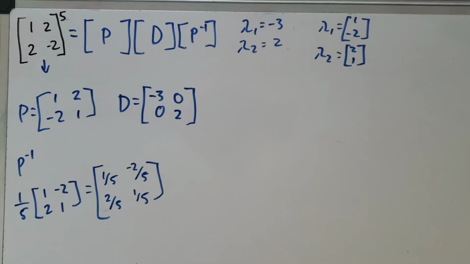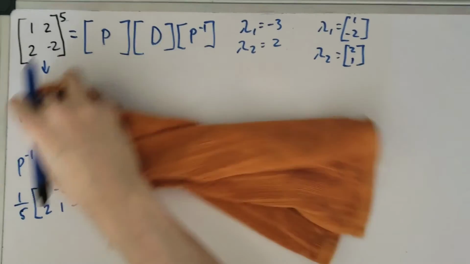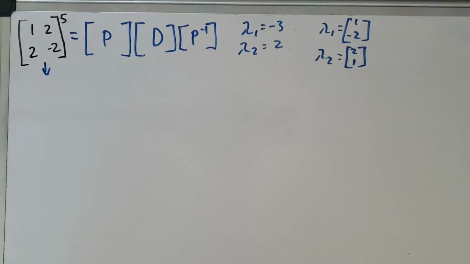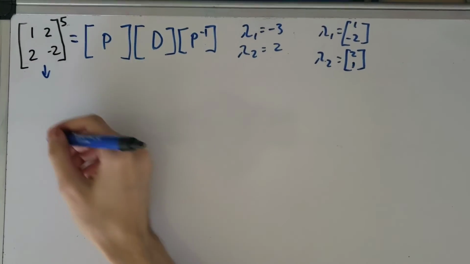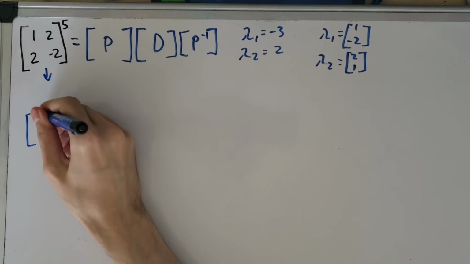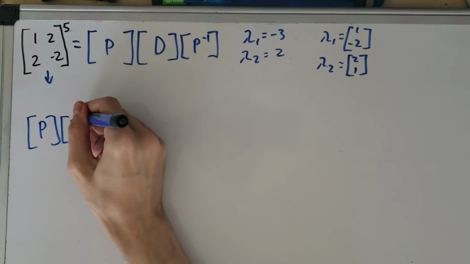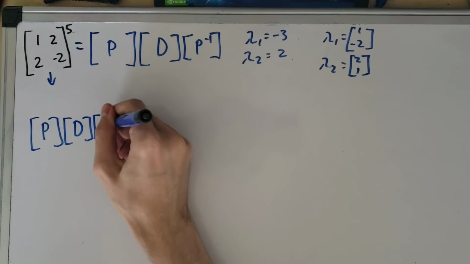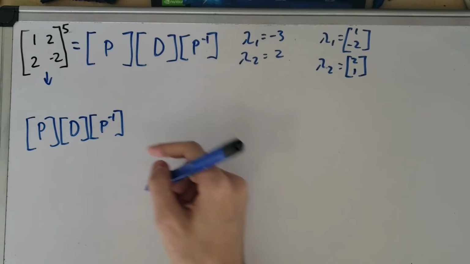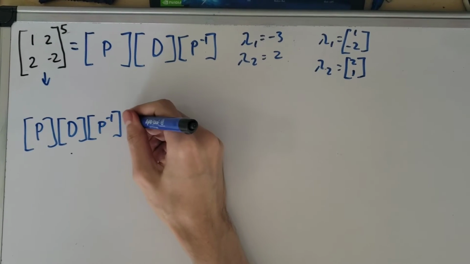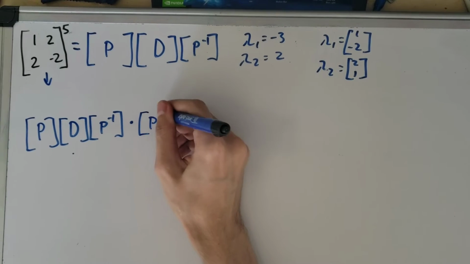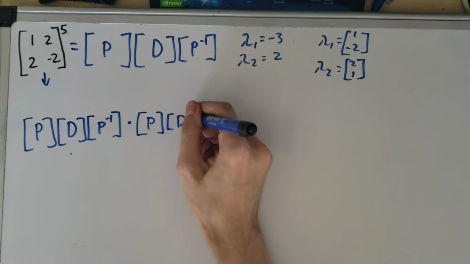So let's put it all together. We've said this original matrix is equal to these three things multiplied together. So why is this useful? Well, say we wanted to multiply the matrix by itself over and over again, this exponentiation. If I do that, something interesting happens.